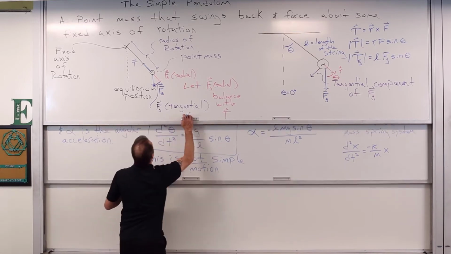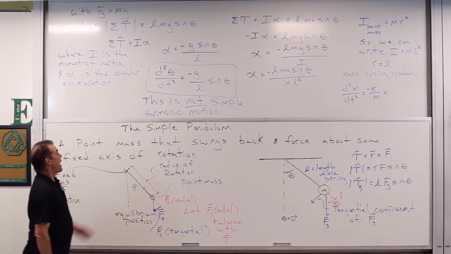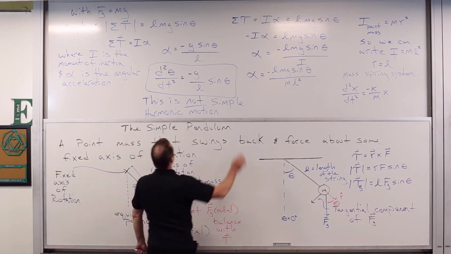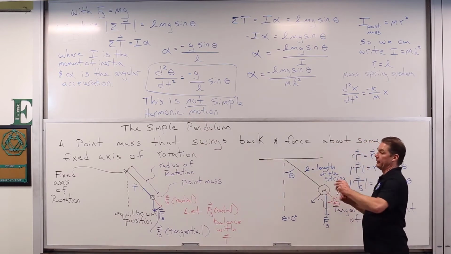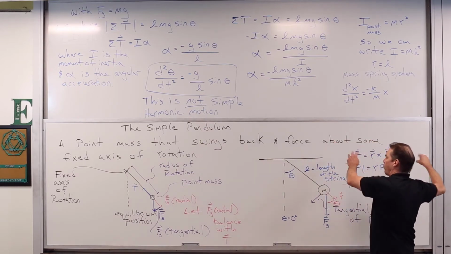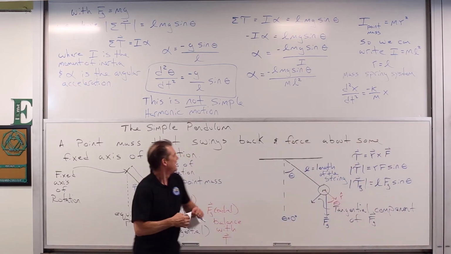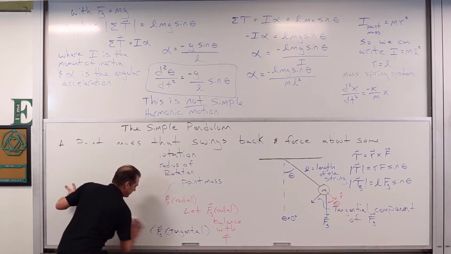So this is where we get into some approximations. Truly, if we want to know theta as a function of time, we'd have to solve that differential equation. We'd ultimately have to do some series expansion of sine and get first, second, third, fourth, fifth order approximations and go from there. But there's something nice that happens for small angles.